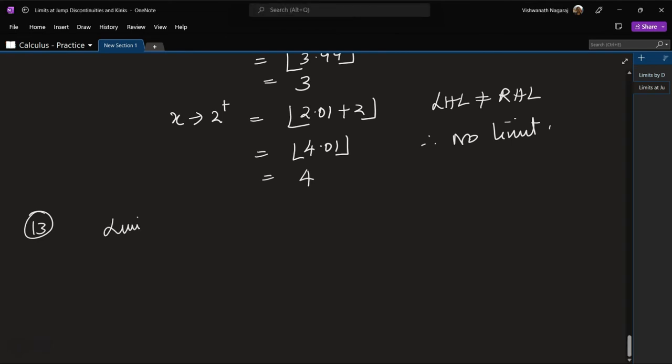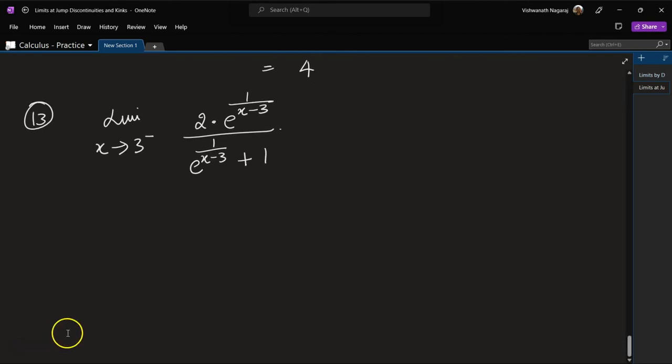13th one, change gears. So limit as x approaches 3 from the negative side of 2 times e to the power of 1 by x minus 3 divided by e to the power of 1 by x minus 3 plus 1. Now here 2 is a constant. So let's take 2 out.